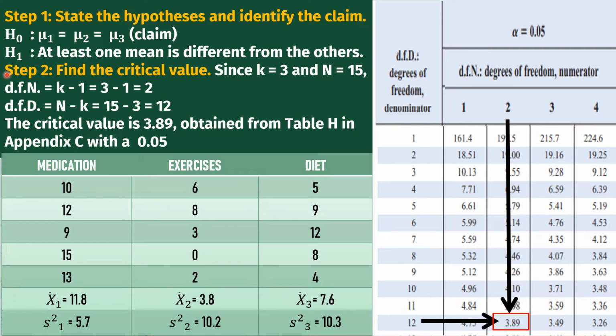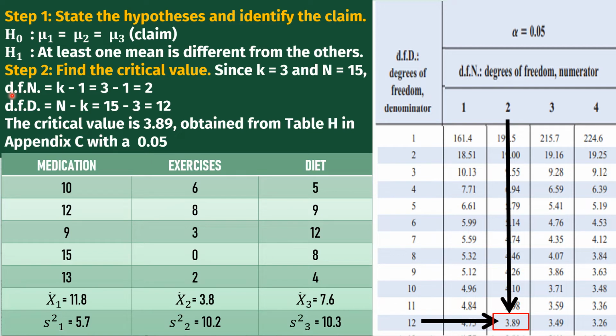For step 2, find the critical value. Since k is equal to 3 because there are 3 groups, the medication group, exercise group, and the diet group, and capital letter N is equal to 15 because there are a total of 15 individuals, so 5 individuals in each group.